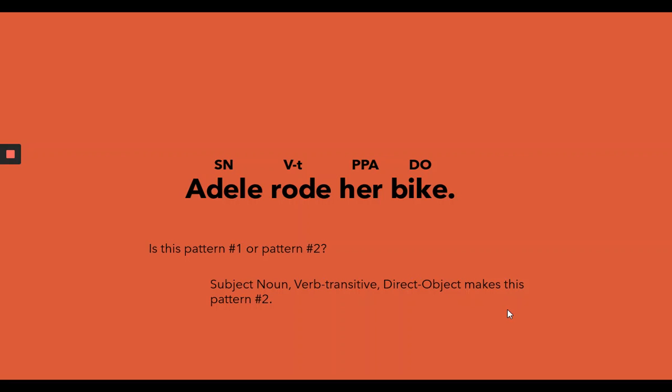Anytime you have a direct object in a sentence, you automatically have pattern number 2. Otherwise, the sentences that we've been looking at have been pattern number 1. In pattern number 1, you just have a subject noun and a verb. So the pattern is subject noun verb. That would be pattern number 1. For pattern number 2, we have subject noun, verb transitive, direct object. We can mark it as pattern number 2.